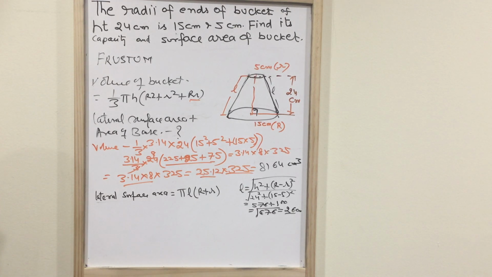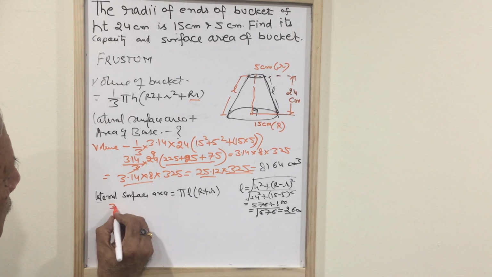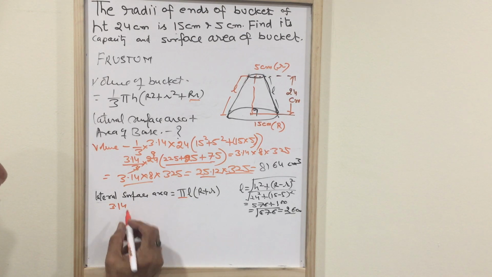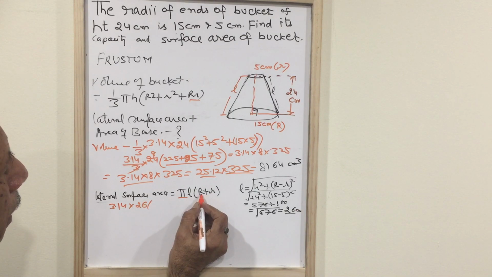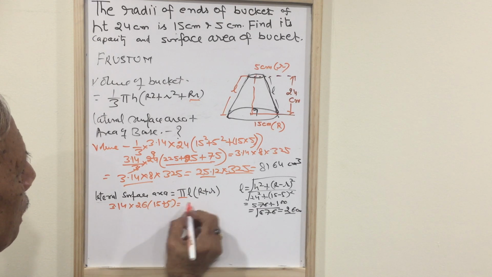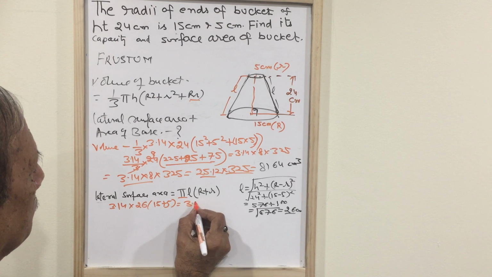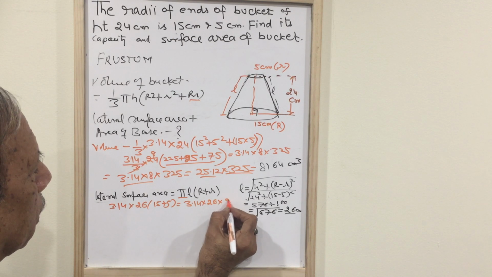So we'll get the lateral surface area first. This is 3.14 multiplied by 26, multiplied by 15 plus 5, that is 20. Further we'll solve it: 3.14 into 26 into 20.